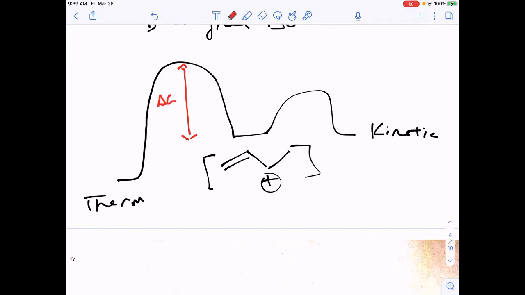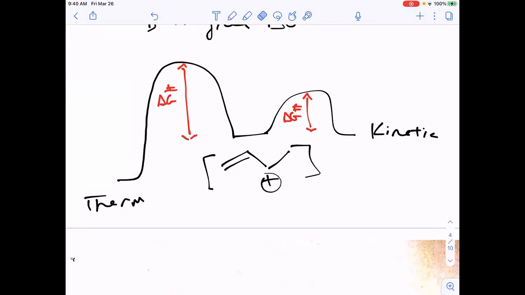So this is the activation energy to get to the thermodynamic product, and then this is the activation energy to get to the kinetic product. And remember, the activation energy controls the rate. So the higher or lower the activation energy is, the slower or faster the rate is going to be for a given reaction.